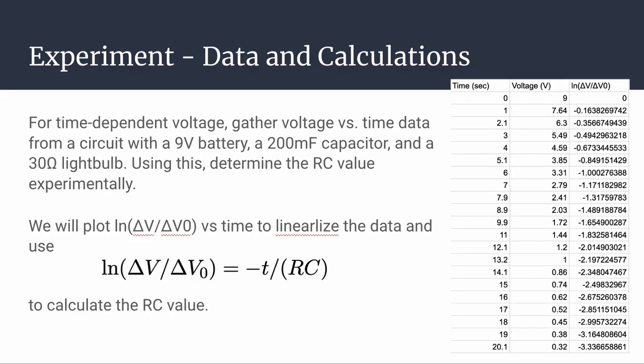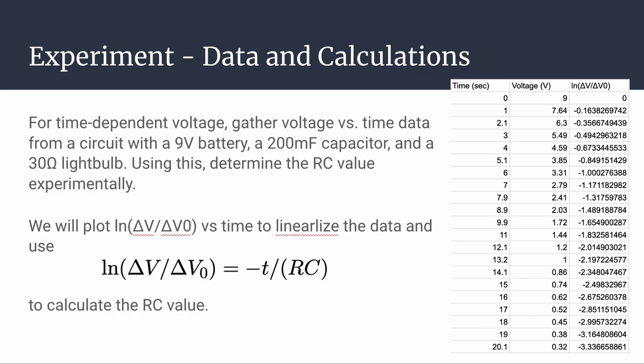For time-dependent voltage, we gathered voltage versus time data from a circuit with a 9-volt battery, a 200 capacitor, and a 30 ohm light bulb. Using this, we determined the RC value experimentally. So here we plotted the natural log of the potential difference over the initial potential difference versus time, which helped us linearize the exponential data we got when we compared voltage and time.